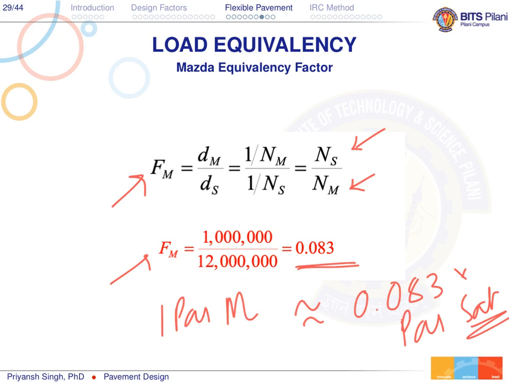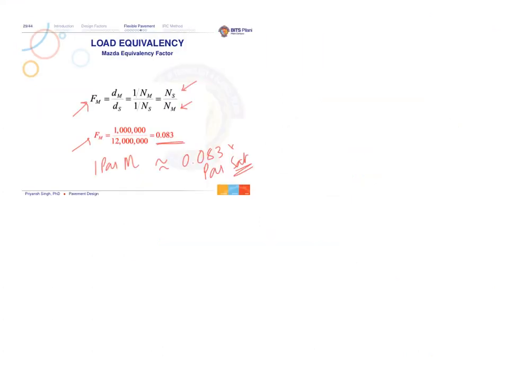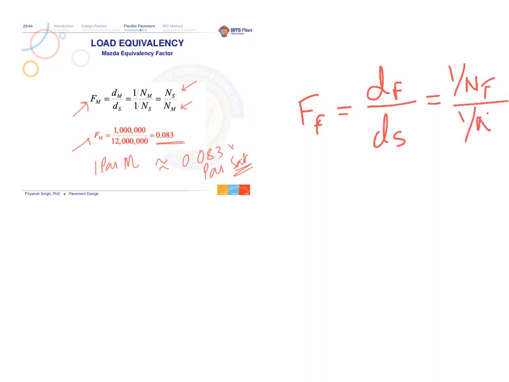Let's try to understand this by one more example. Similarly, can you estimate the load equivalency factor for the Ford? Let's estimate that. For Ford, if you remember, it can be estimated by the damage in each pass due to Ford upon the damage by the standard vehicle in each pass, that will be 1 upon NF upon 1 upon NS, that will be NS upon NF.